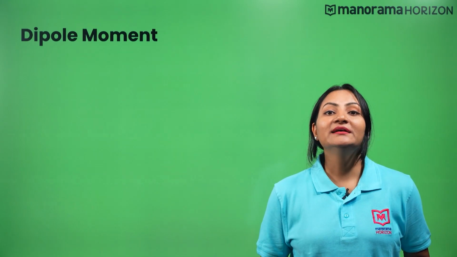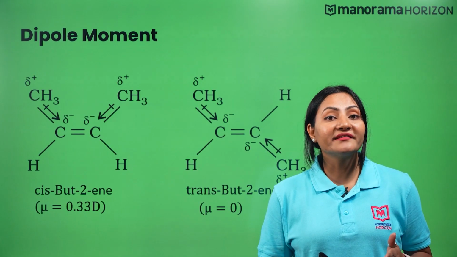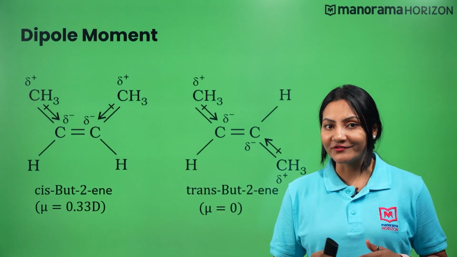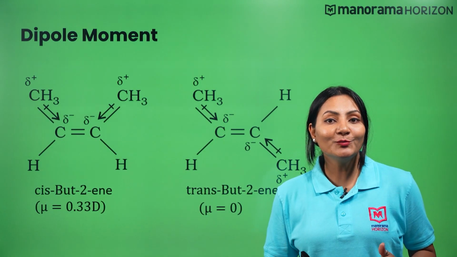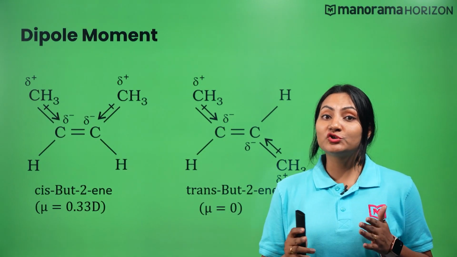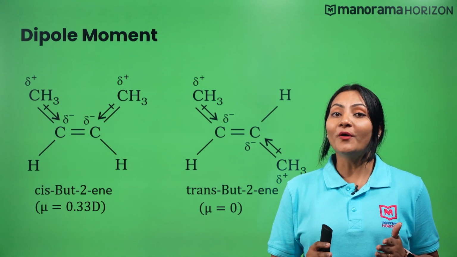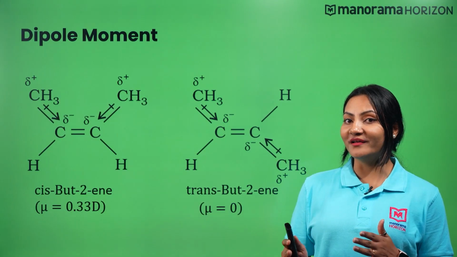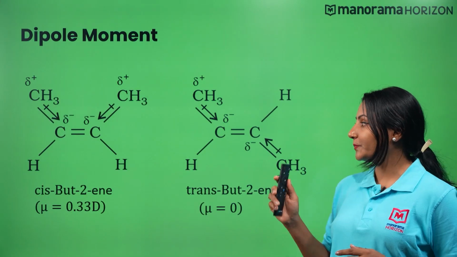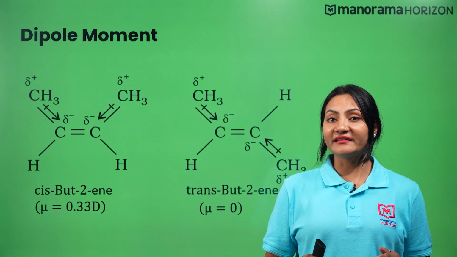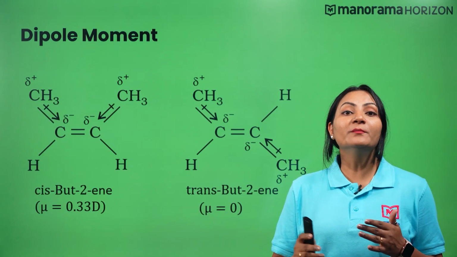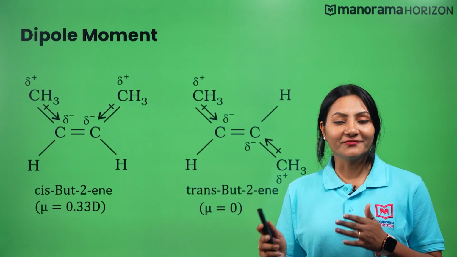For example, the dipole moment of the cis isomer is normally higher than that of the trans isomer. Here, the dipole moment of cis but-2-ene is 0.33 debye, whereas the dipole moment of the trans form is almost 0. Therefore, we can say that the cis form of alkene is more polar than the trans form.